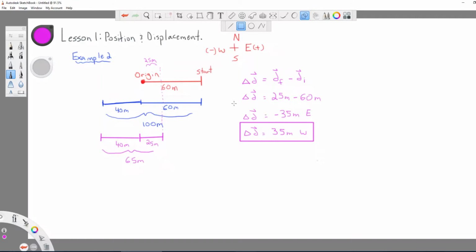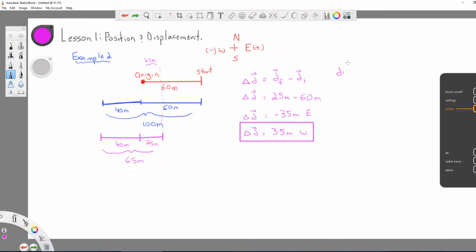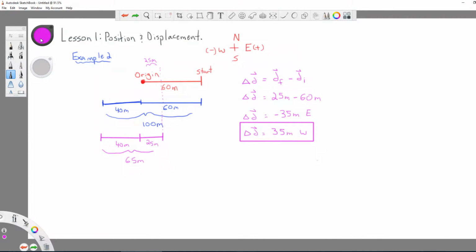Of the two, I'd say that's probably the more complicated answer. The second one just asks us to figure out the distance. Just straight up scalar value, no directions involved. So our distance, let's choose another color, green.